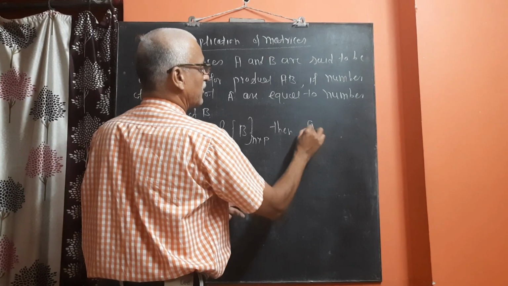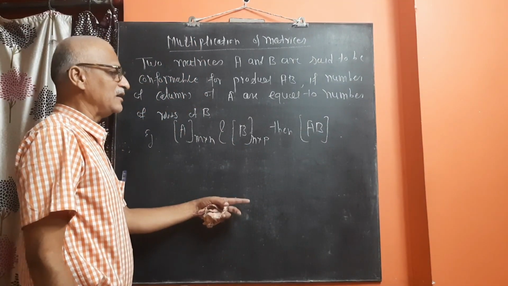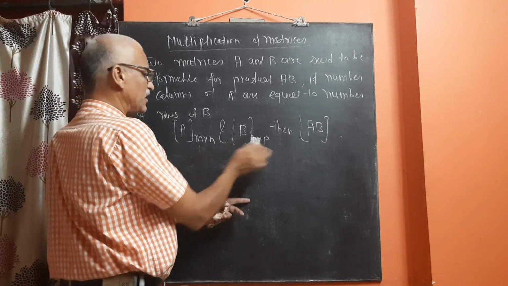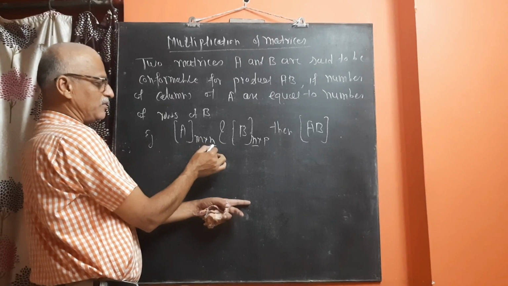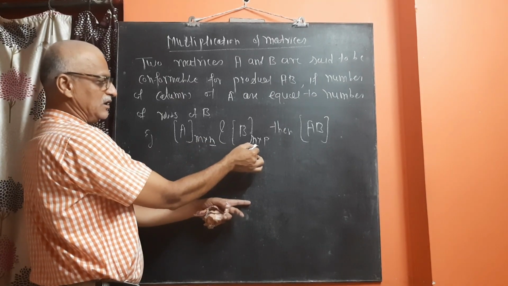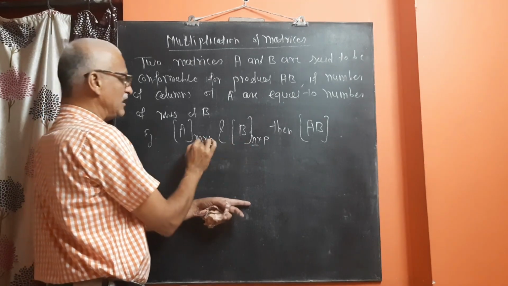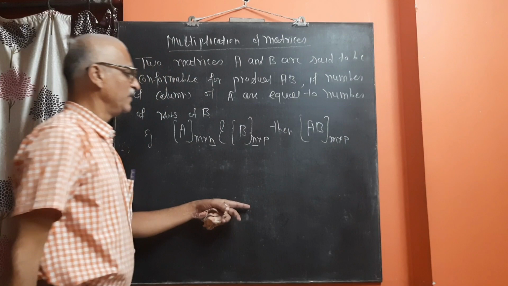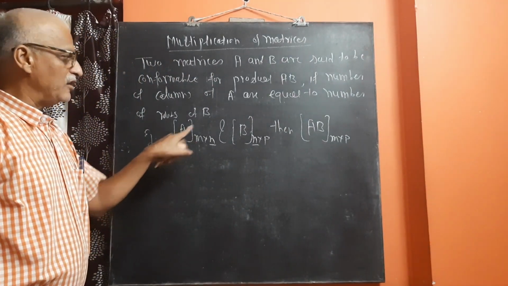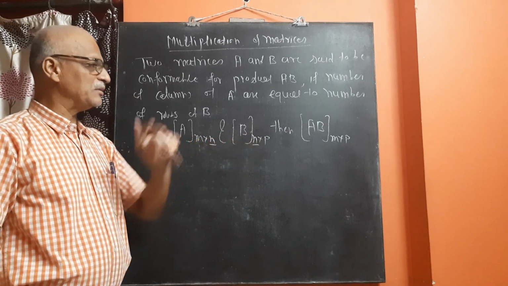Then we can find the matrix AB. And its order is n or n, they are same. The number of columns of A equals the number of rows of B. That means we can find out the product AB, and the order of AB will be m by p. AB is possible if the columns of A and rows of B are the same.